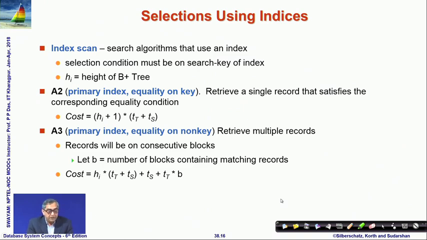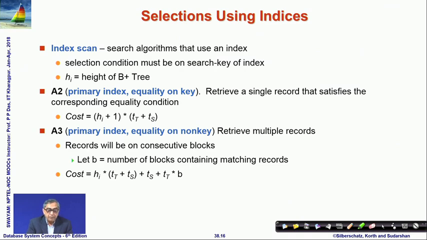In a variant of this algorithm, A3, we may be using a primary index, but we are looking for equality on a non-key. Since it is a non-key, certainly in the result we may have multiple records, but the records will be on consecutive blocks, because we are using a primary index.